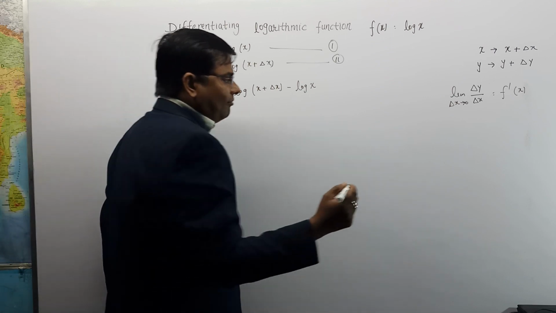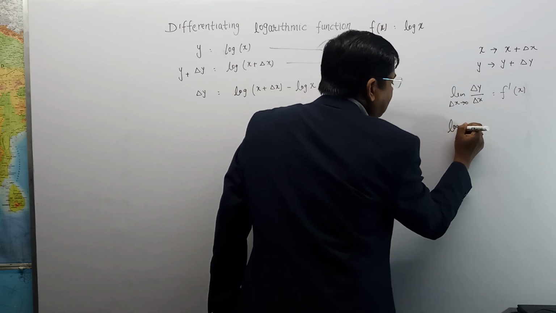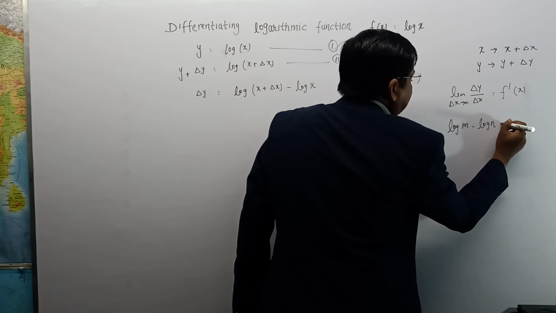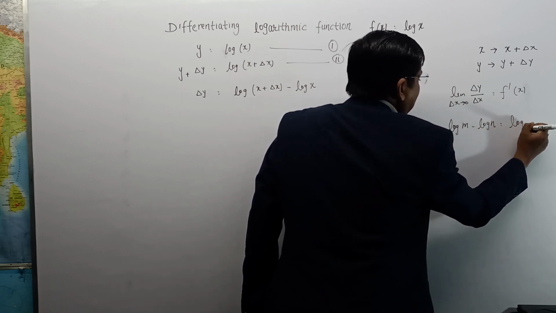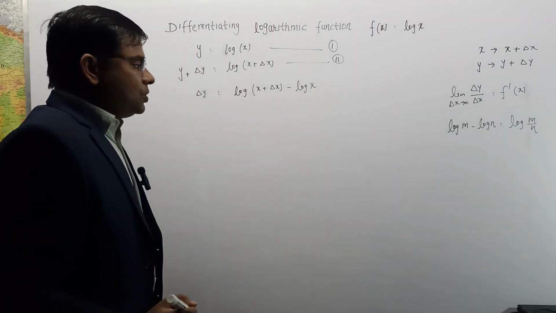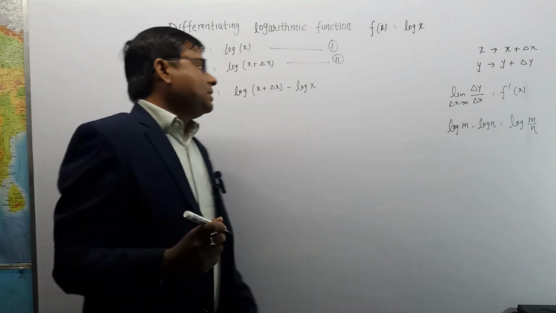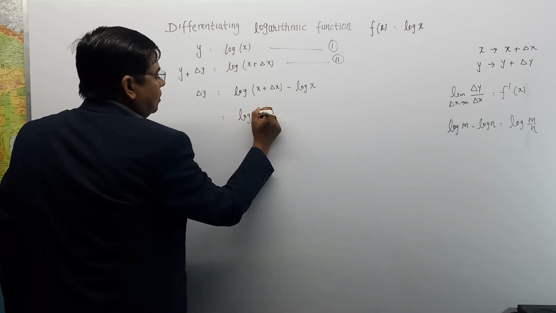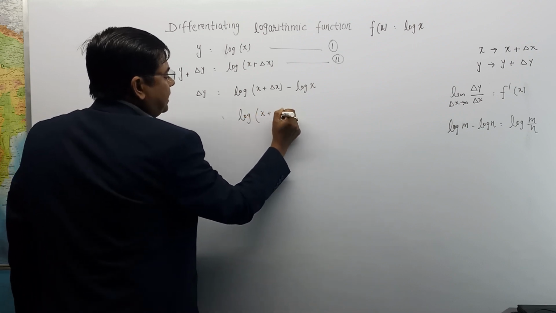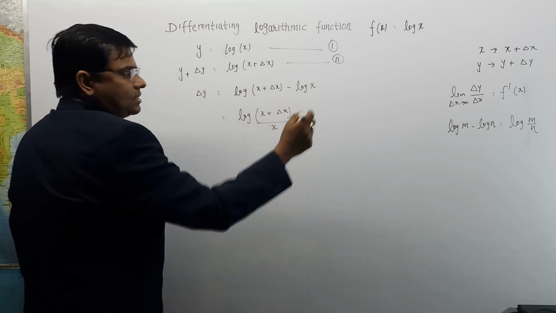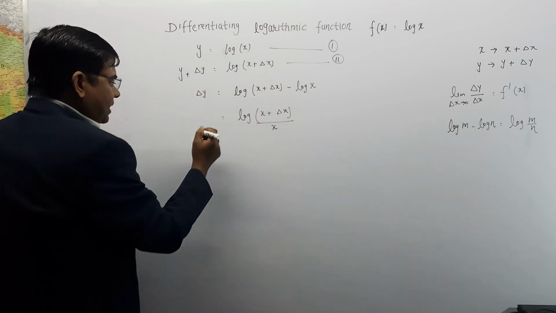So we have here log m minus log n is equal to log m over n. Okay, so using this property of logarithm, we can write here this must be equal to log of (x plus delta x) divided by x. Then we have delta y.